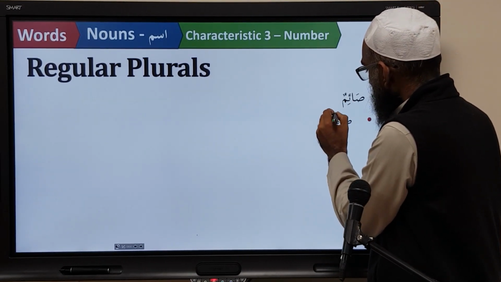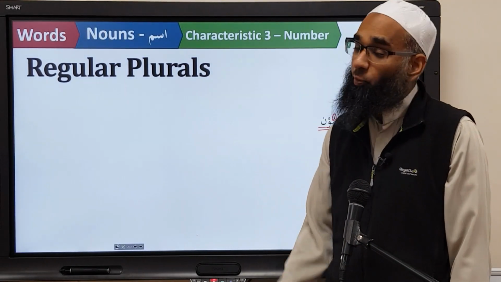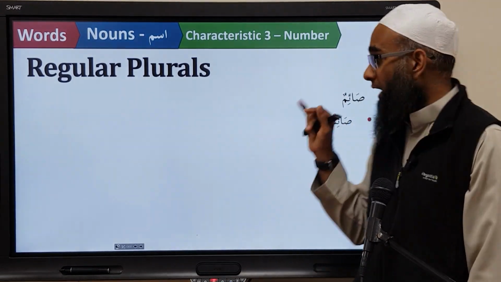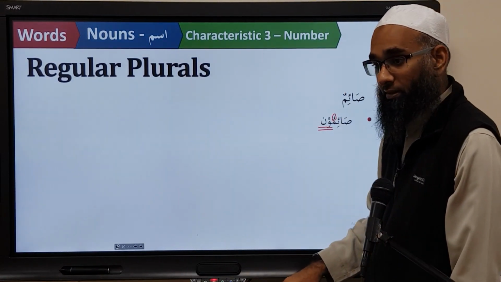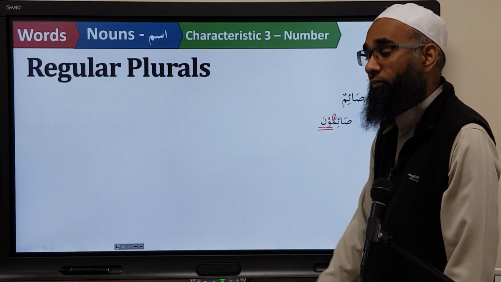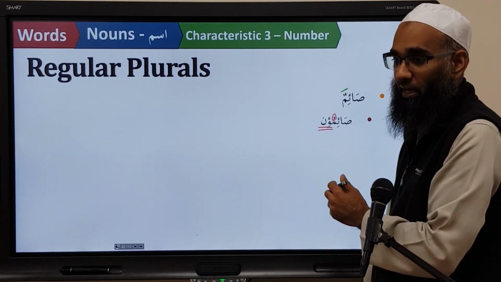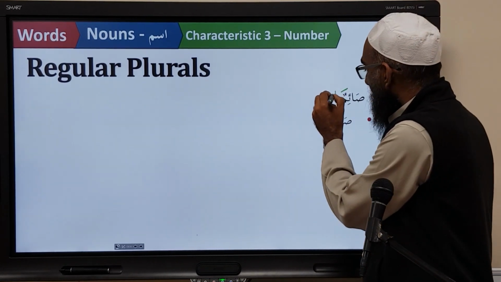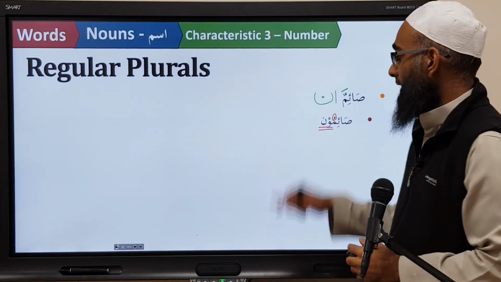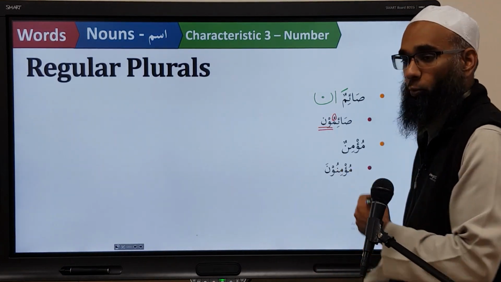For example here, we have sa'imun, it's singular. You add the dhamma, then you add una. Sa'imuna. If you want to make sa'imun dual, how do you make it dual? The last letter has to have a fatha. Very good. So you put a fatha, and then you add an alif and nun, ani, so it becomes sa'imani. And in the plural, it will be sa'imuna. Mu'minun, one believer.